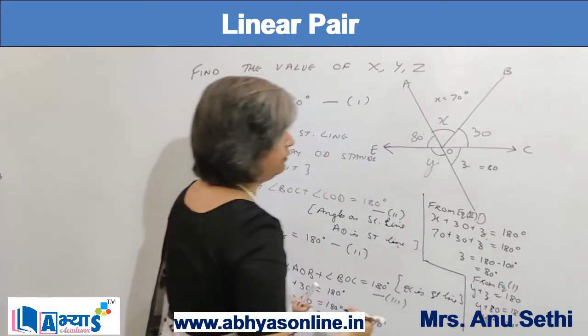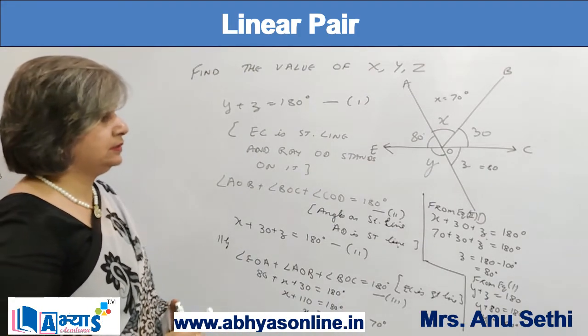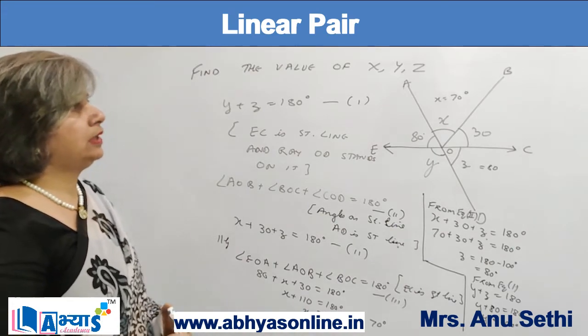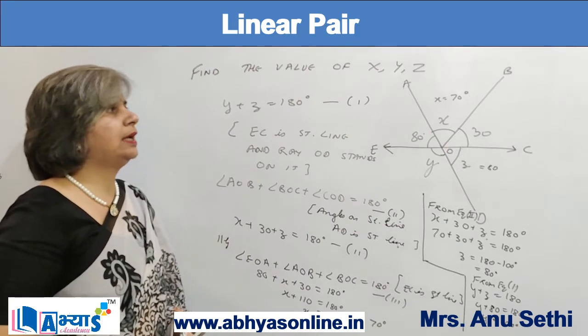So this is how we can find the three angles. Now we have found that x is equal to 70 degrees, z is equal to 80 degrees, and y is equal to 100 degrees. So this is how we can apply the concept of linear pairs to find different angles in the figure given.